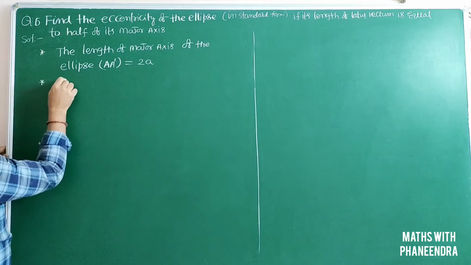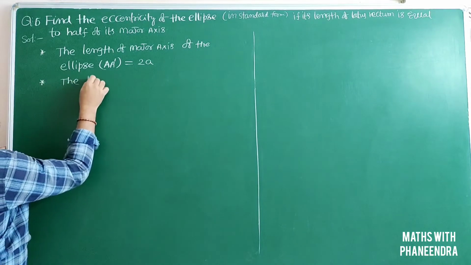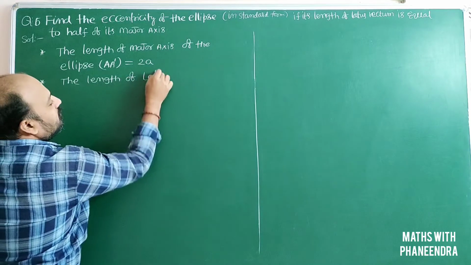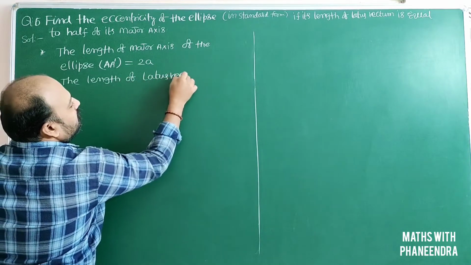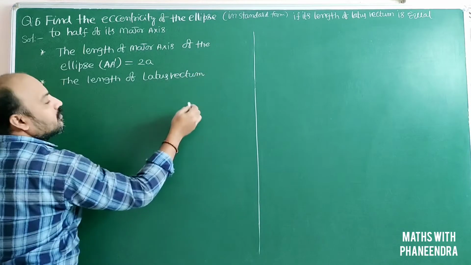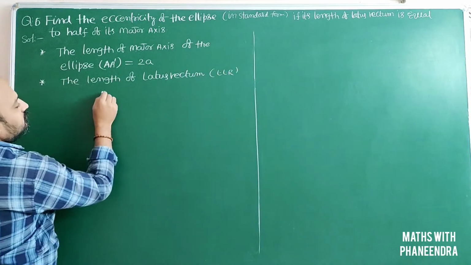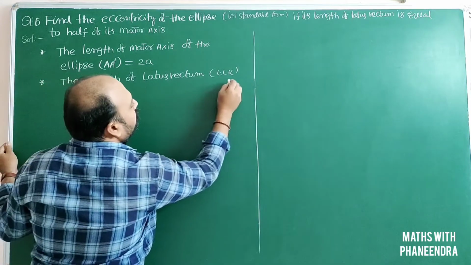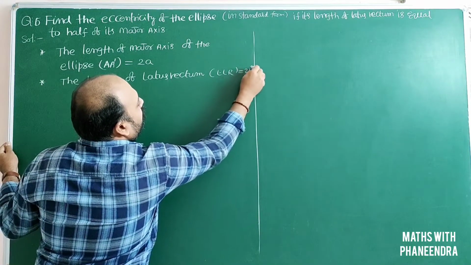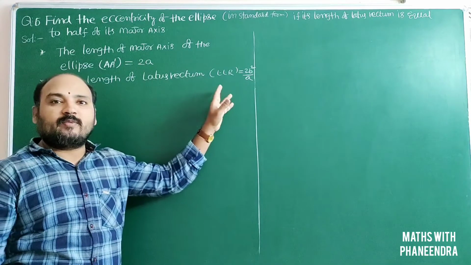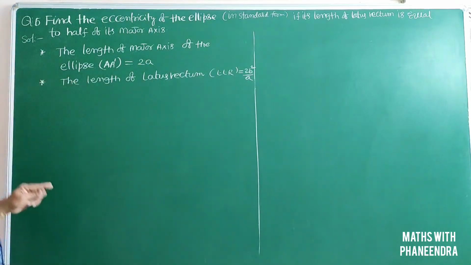Next, the length of latus rectum, LLR, is equal to 2b square by a. Length of latus rectum for the standard equation of ellipse, 2b square by a.